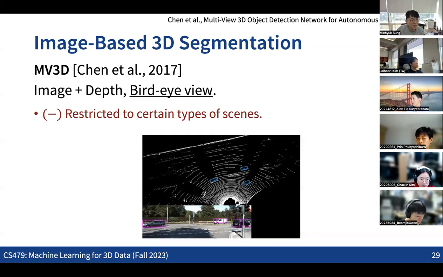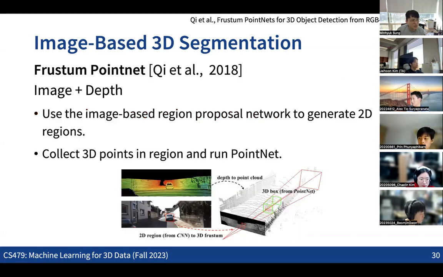There are some extensions of this idea, which still leverage 2D segmentation or object detection architectures, but use not only bird's eye views but multiple views. Here the idea is that we use almost the same architecture as Faster R-CNN and Mask R-CNN.